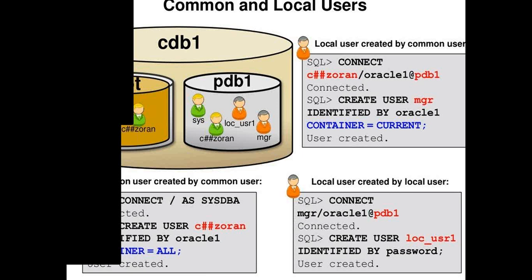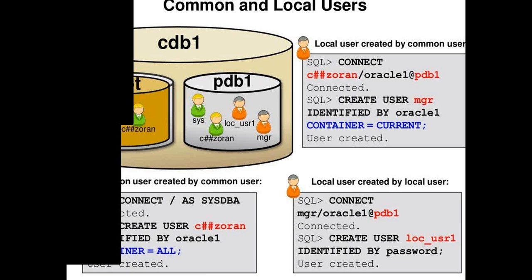By default, even if you fire this command directly, create user mgr identified by password oracle1, this user will be created inside pluggable database 1. So you don't need to specify the clause container is equal to current. By default it is current.